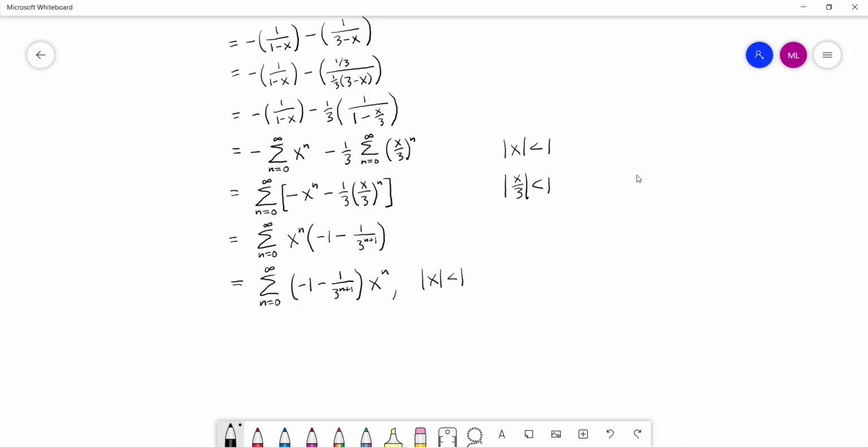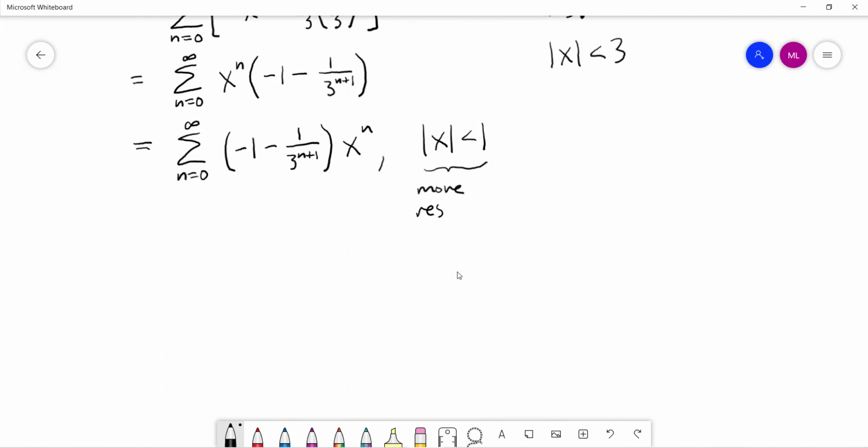This one here is the equivalent of saying if we multiply both sides by 3, absolute value of x less than 3. So this is the more restrictive criteria, and that's the one that we wind up having to use. So this is, again, the more restrictive criteria of the two.